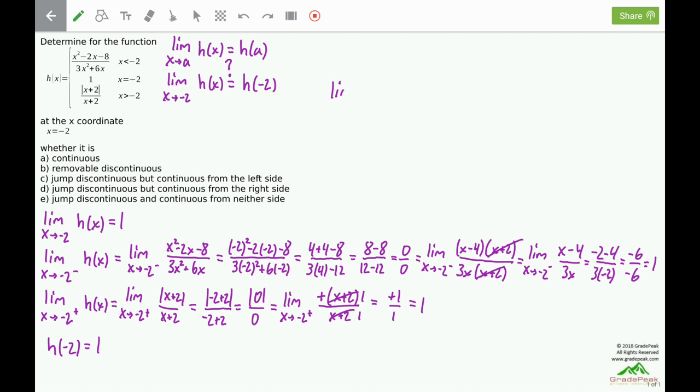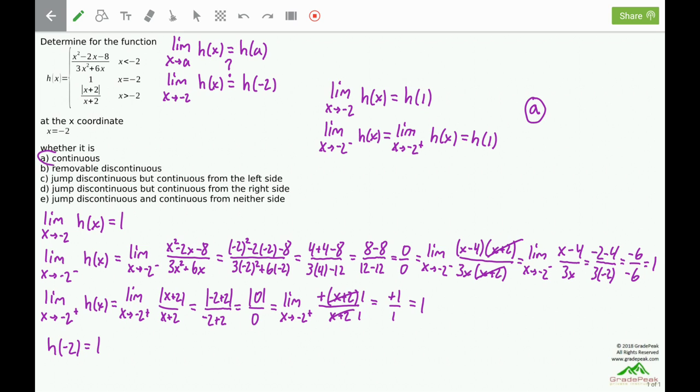So we have the result that limit as x approaches negative 2 from both sides of h of x does equal h of negative 2, which is 1. Or another way to write this is limit as x approaches negative 2 from the left side of h of x equals the limit as x approaches negative 2 from the right side of h of x equals h of negative 2 equals 1. This result is situation A. It is continuous.